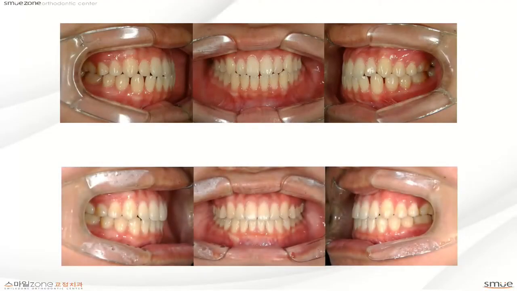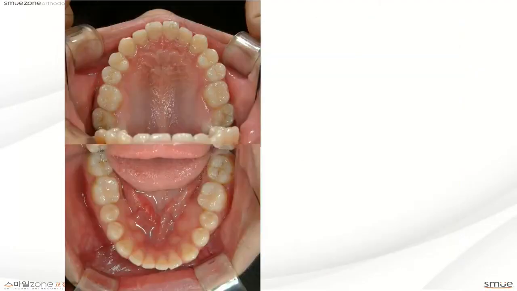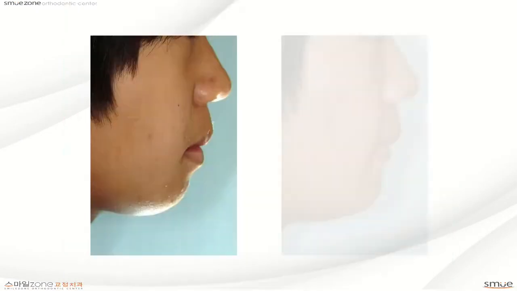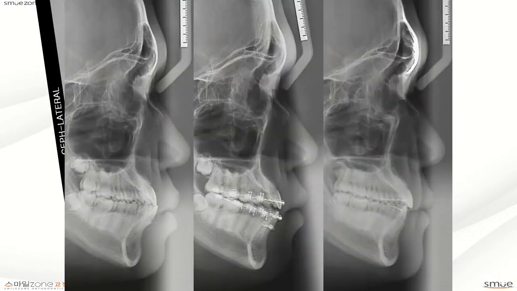Before and after. The incisors are still up toward the upper lip, but the relationship with the upper lip is much improved here.